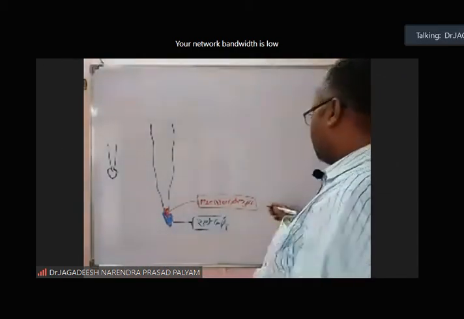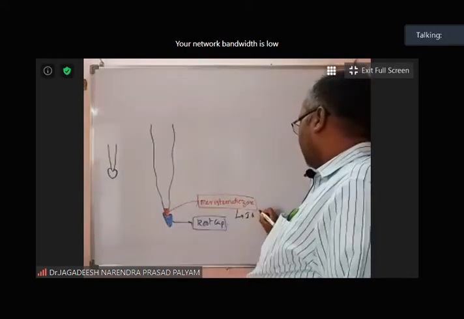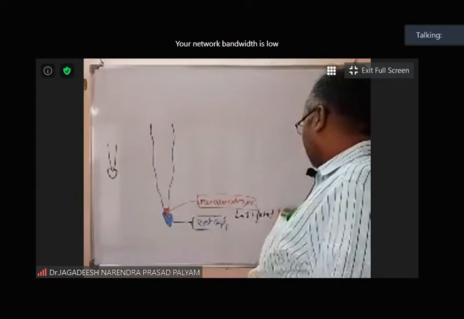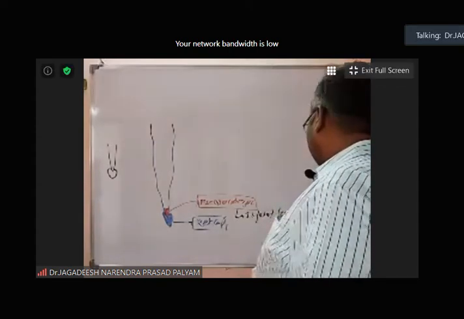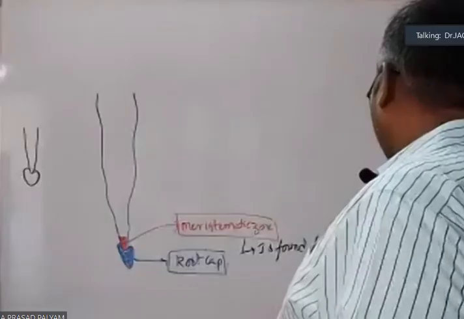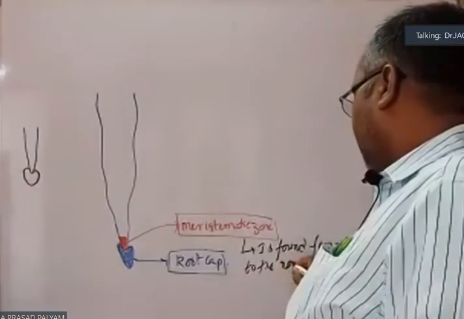So the meristematic zone is found a few millimeters above the root cap.